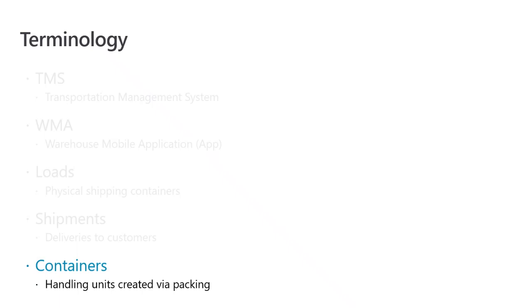They may be boxes. They may be full pallets that you've assembled as well. All of those different handling units are examples of a container. And then it also has a similar one-to-many relationship where you might have many containers that are on your shipment, and then we've got many shipments that may ultimately be on our load or our physical container that we're shipping.